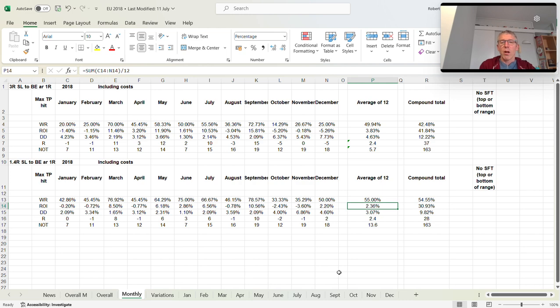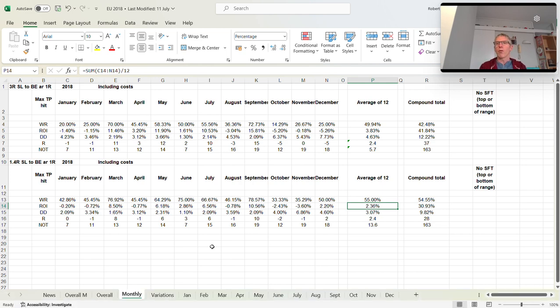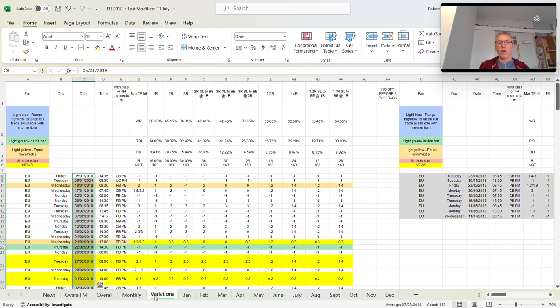I mean, it doesn't sound a lot, 2.3% a month, but if you're trading 100 grand, that's 2,300 a month, which I'd be pretty happy with. And obviously the aim is to get prop firm accounts of multiple hundreds of thousands. So if I could consistently make 2% a month and have a 55% win rate, I'd be absolutely buzzing.